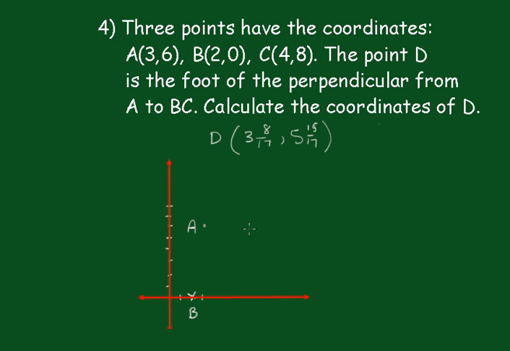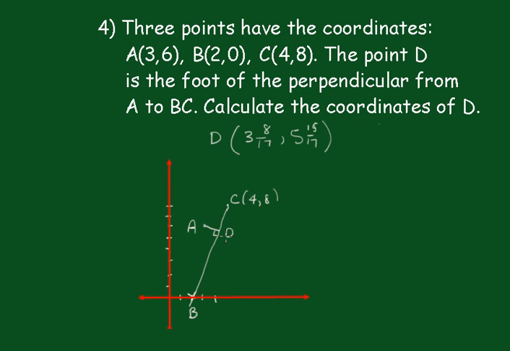And the point C, which is (4, 8), there. So we'll join B to C. And the point D is the foot of the perpendicular drawn from A to BC. That's the point we're after.